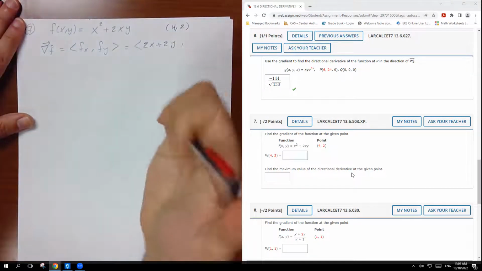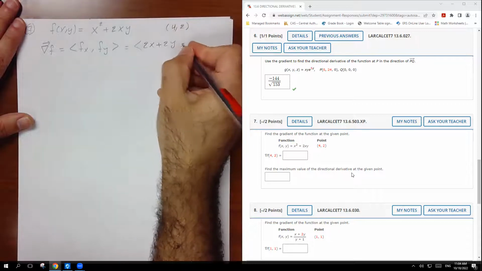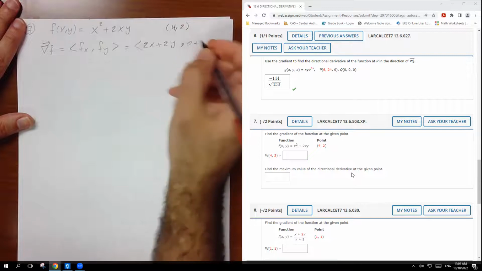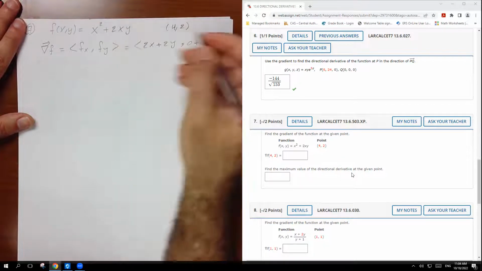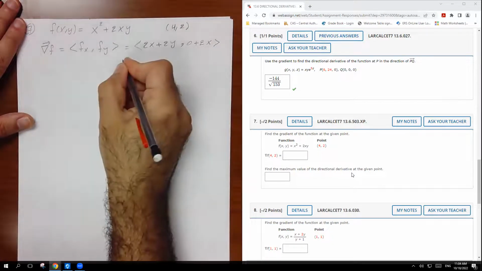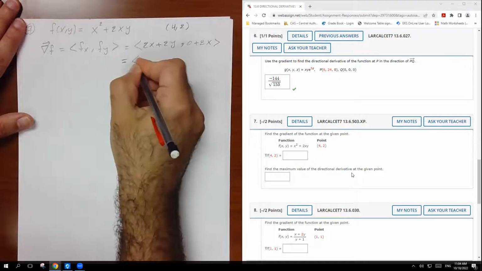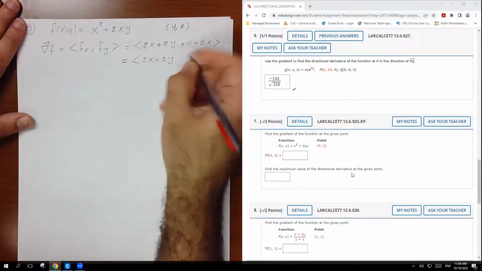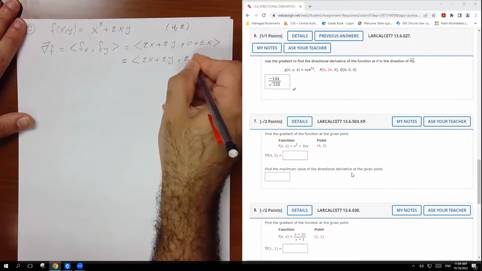With respect to y, this is 0 plus, with y, just the constant, which is 2x. Then it is going to be 2x plus 2y, and here is just 2x.